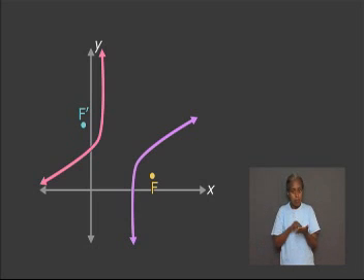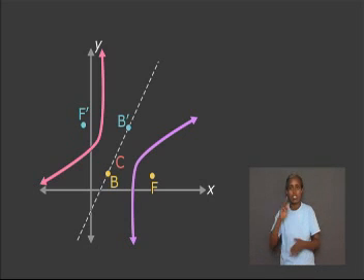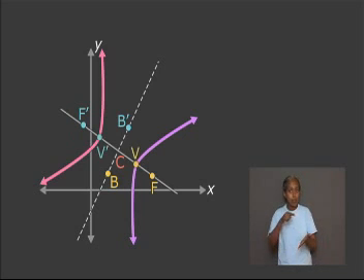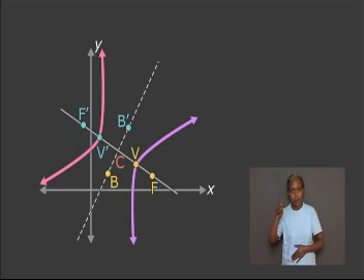Midway between the foci is the center of the hyperbola, C. The points V and V prime are vertices found at the point on the hyperbola closest to C. The line drawn from V to V prime through C is called the transverse axis.